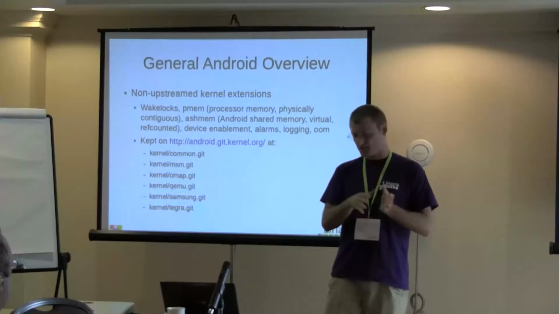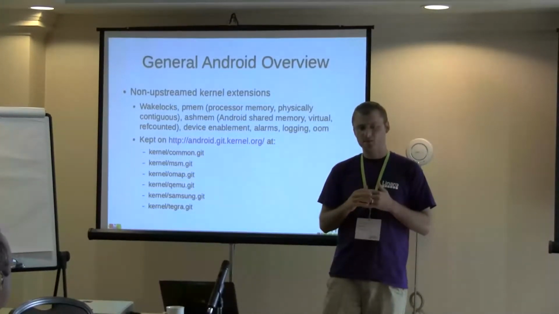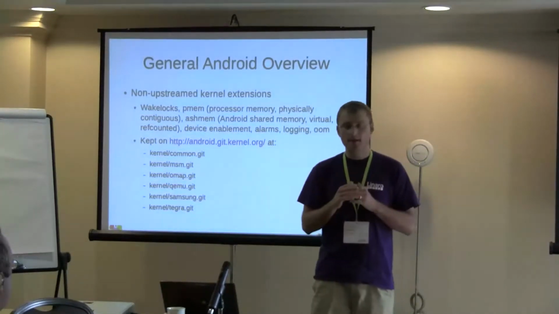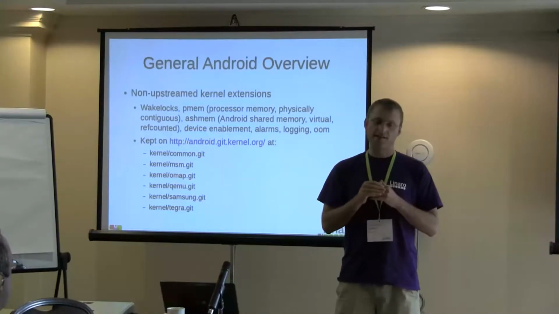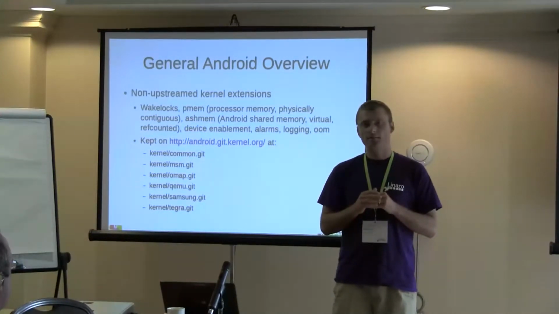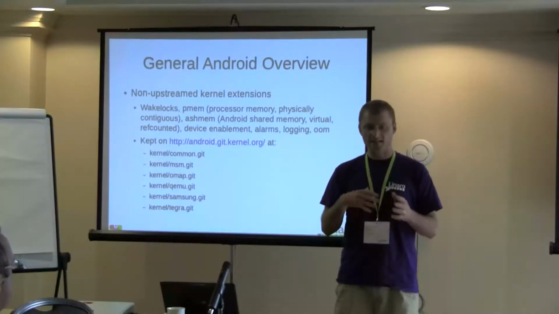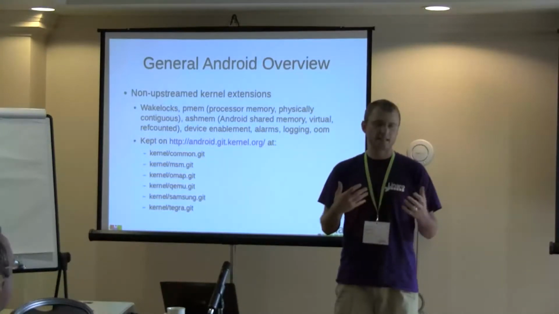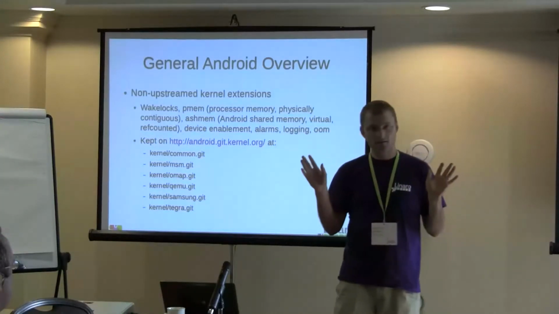I'll take a quick aside to talk about it. When Android's running out of resources, it will indiscriminately kill the last process that was effectively used or referenced, based on the activity, and it just literally says, you're done, bye.